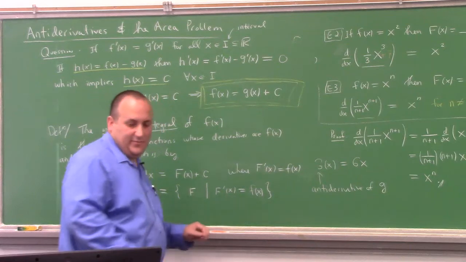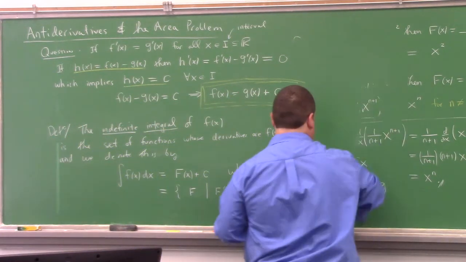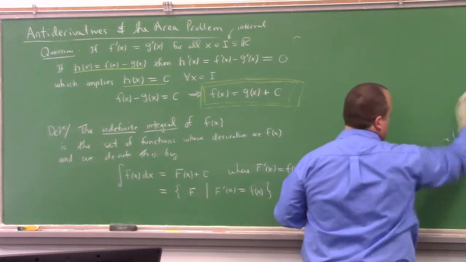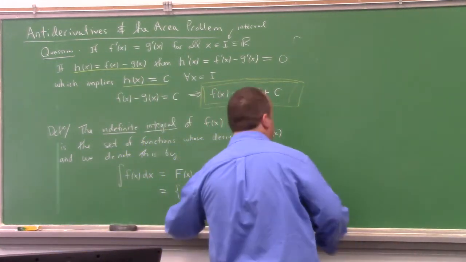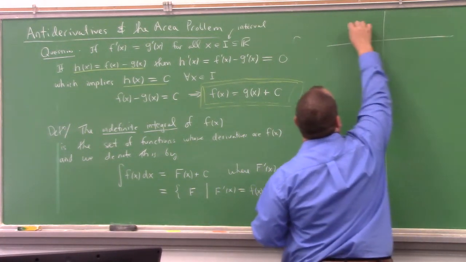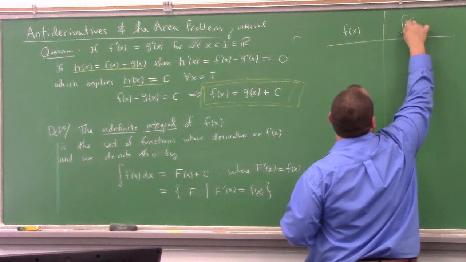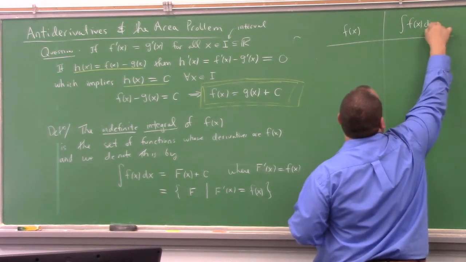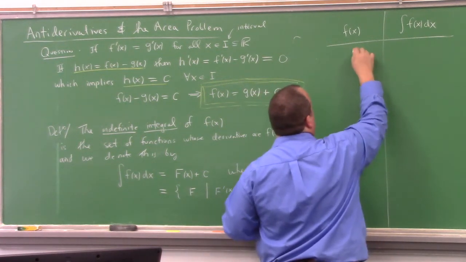Let us make a table of all the ones we've learned so far today. Right now I have a nice notation for it, so here we go. On here I will write f of x. Over here I will write the integral of f of x dx. I'll start out with, well, how about e to the x?